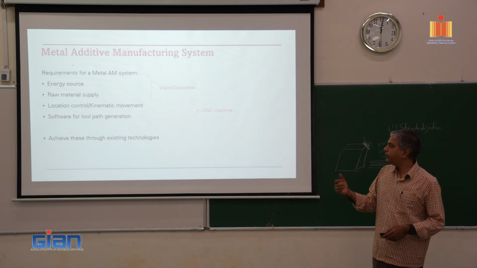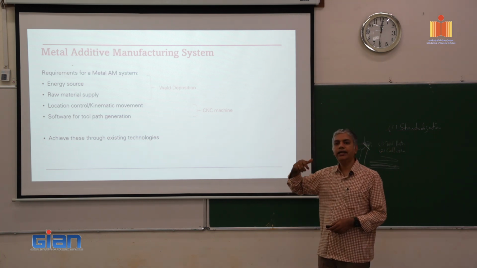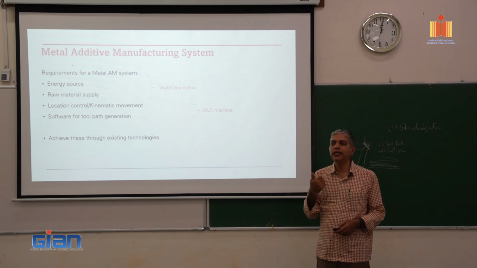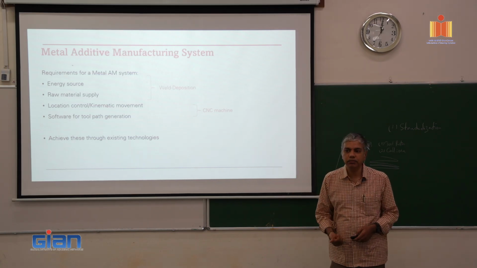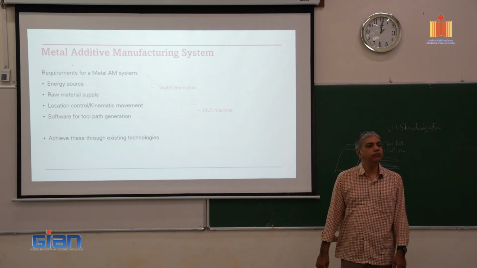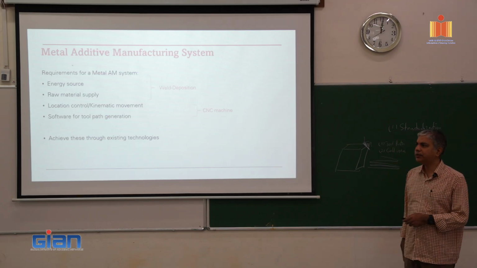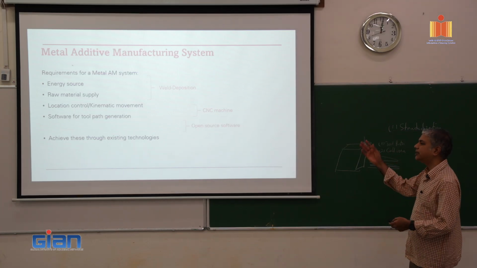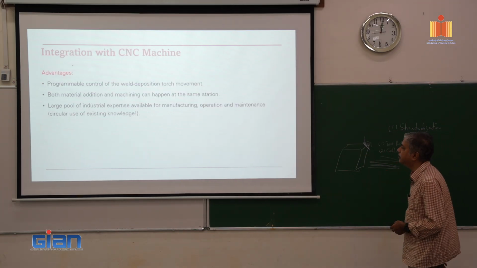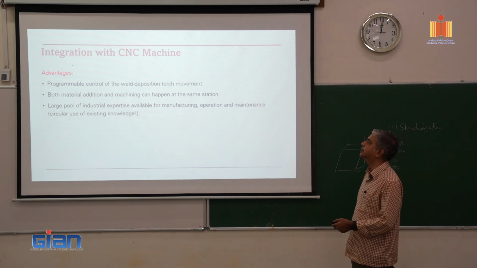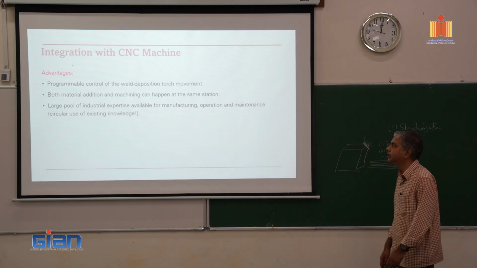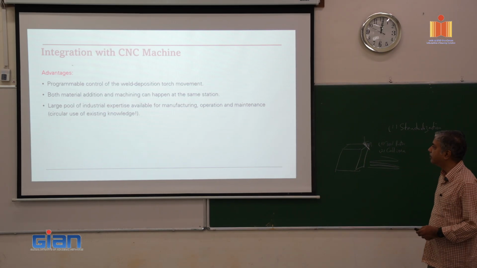So if you can use standard existing machines at your disposal, it becomes much easier. That's what we have done in our case. The software of course is generic. What we have done is integrate the CNC machine with a welding system.